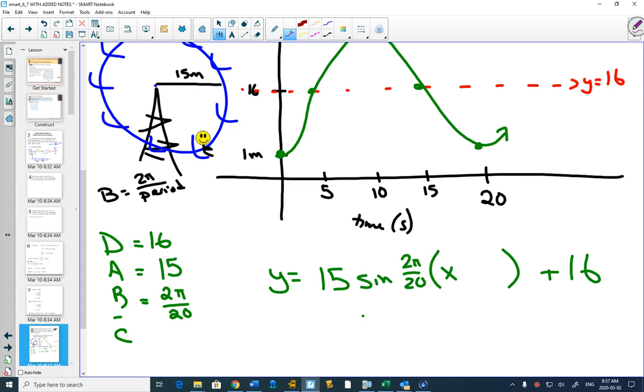And where does a sine graph start? Center line going up. When does that happen? A shift of 5 to the right. The center line going up is shifted 5 to the right. So this would be a minus 5.